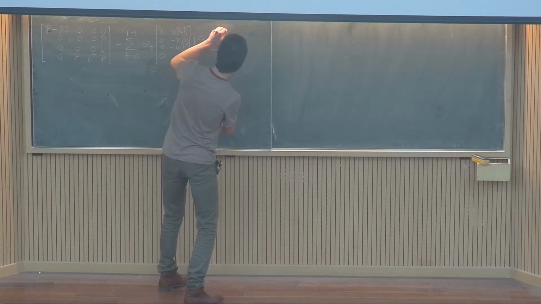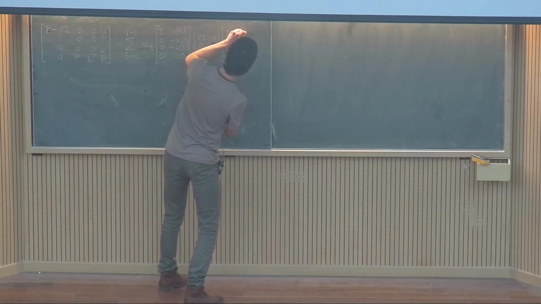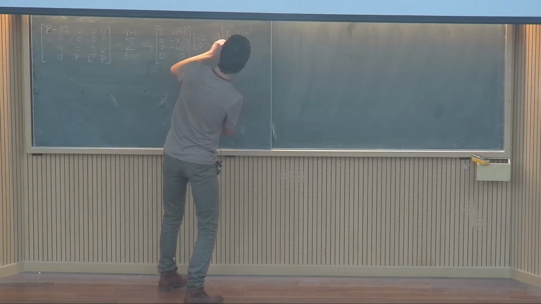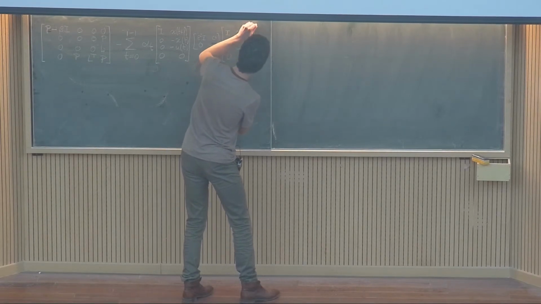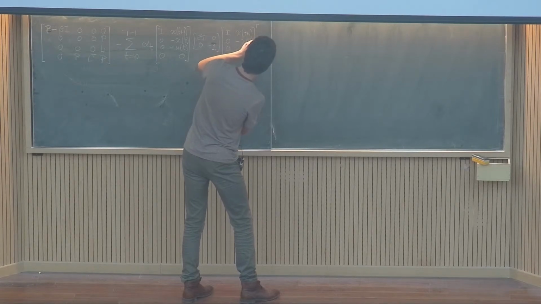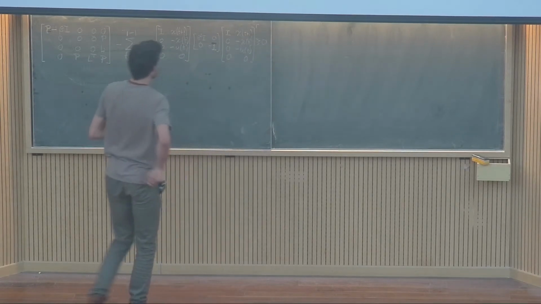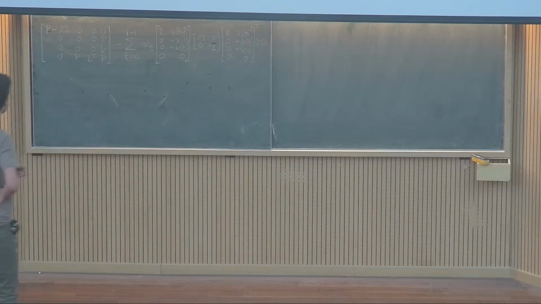So that's identity, x_{t+1}, 0, minus x_t, 0, minus u_t, 0, 0. And this is positive semi-definite. So this is the inequality that we're working with.